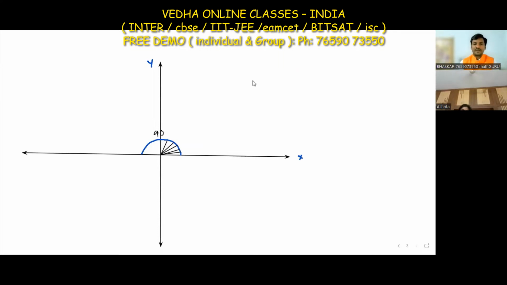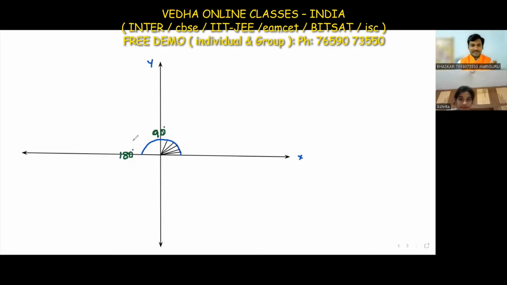Whatever we have here, this is 90 degrees. After that again 100, 110, 120, 130. The right side will be 90 minus theta and the left will be 90 plus theta.